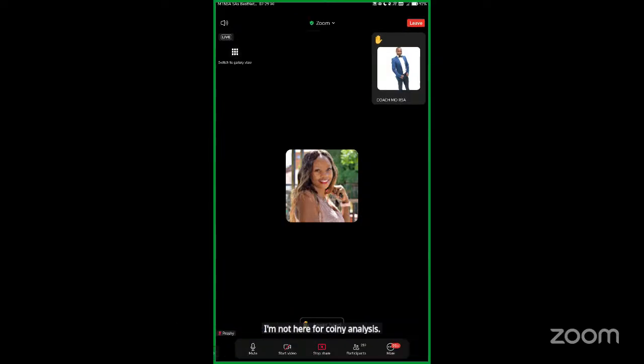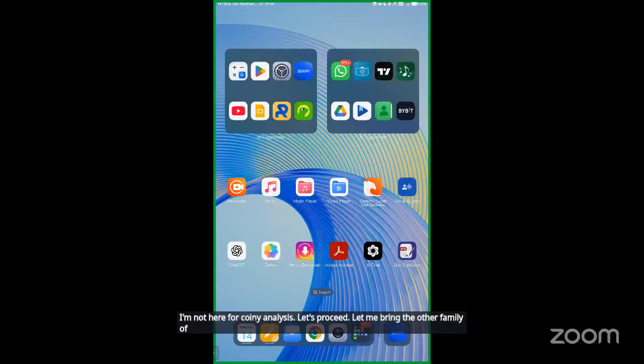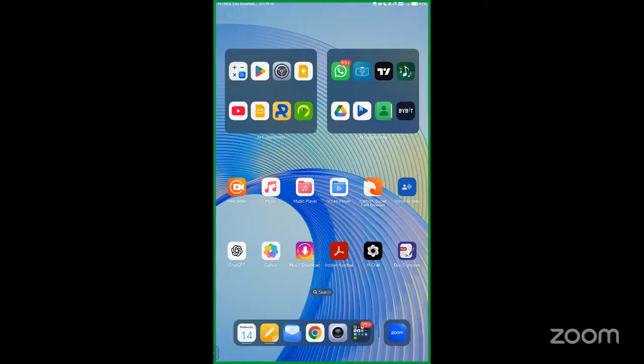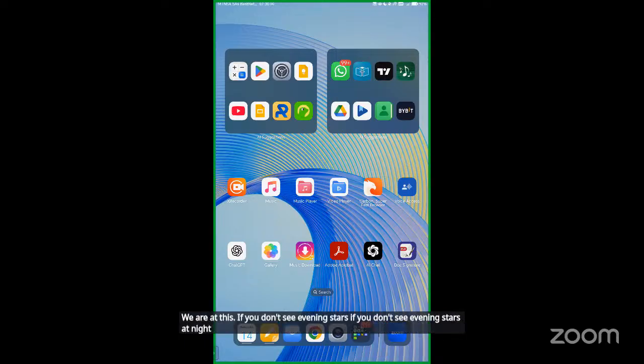Let's proceed. Let me bring the other family of chart patterns. Where we are now, if you don't see evening stars at night, then you happen to see morning stars in the morning.